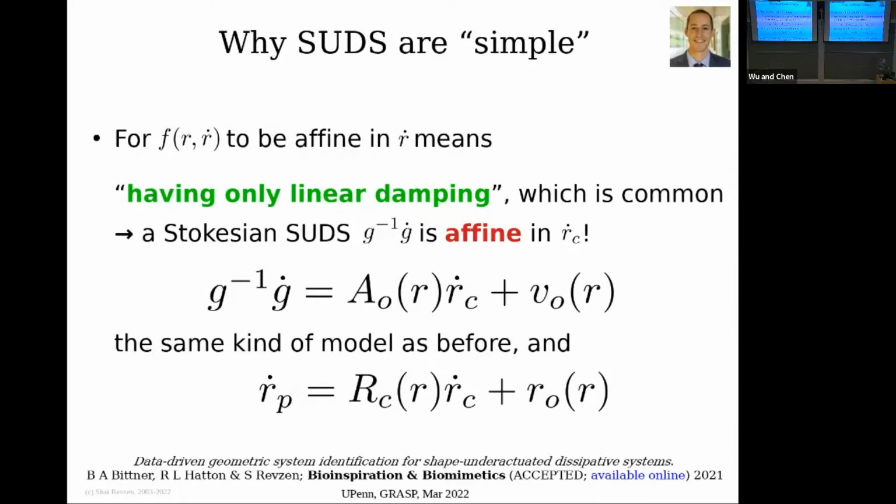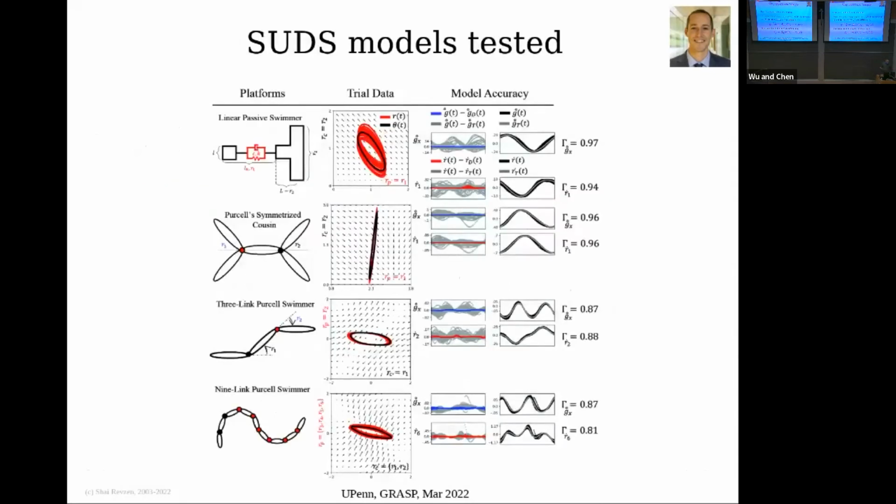And so we tried this on a bunch of models. I won't belabor the obvious, just to say that it worked pretty well. Perhaps the most surprising one is the bottom model on the left. This is a 9-segment worm driven by 2 motors at the end. And we get a pretty good model.